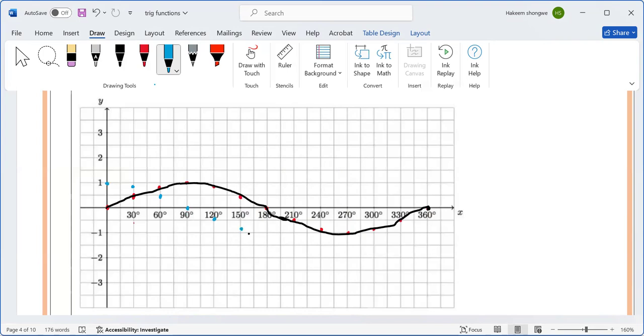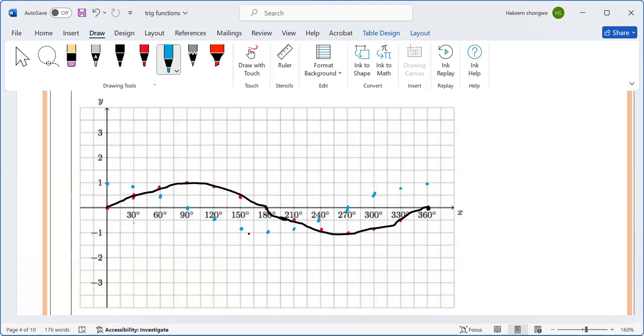Negative 0.9. 180. 210. 240. 270. 300. 330. 360. 1.